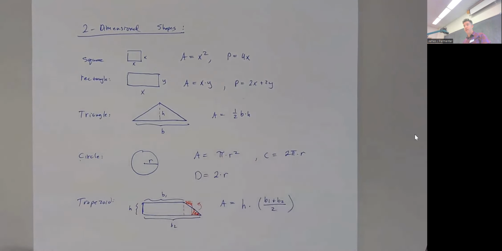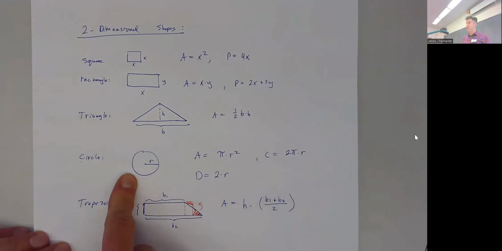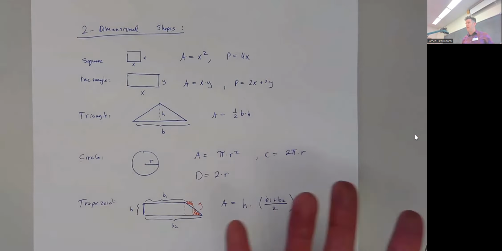So now you've got a rectangle whose height is still h and whose base is the average of those 2 bases. Kind of neat. So those are the things you know. I feel like trapezoid you probably don't really need to know, but the circle definitely you need to know. The square and the rectangle, I think, are not too terrible.